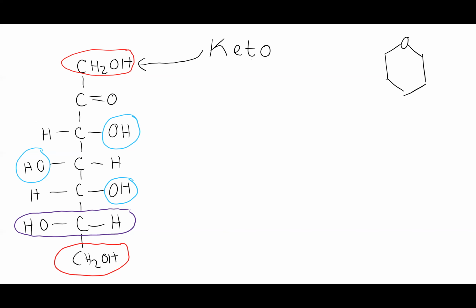So the ring, if you want to just think about very quickly where the ring is forming, will connect to these two groups. You can see that when I connect these groups, I just want to count the number of carbons that's in the ring. So just look at the circle. You can see there is 1, 2, 3, 4, 5.